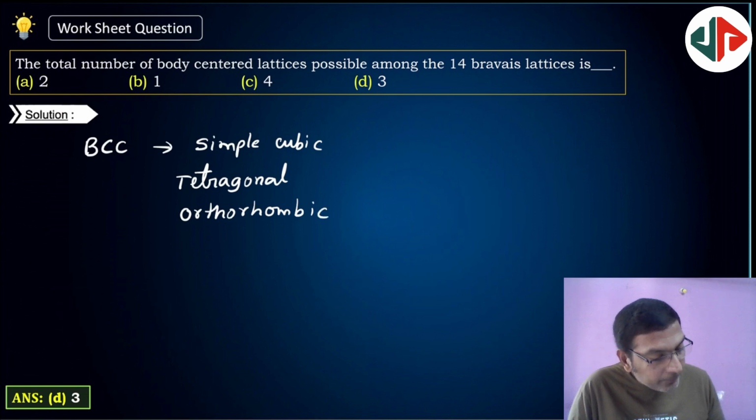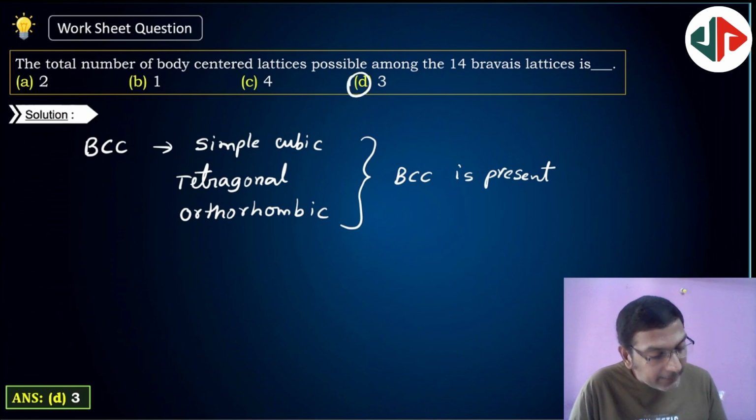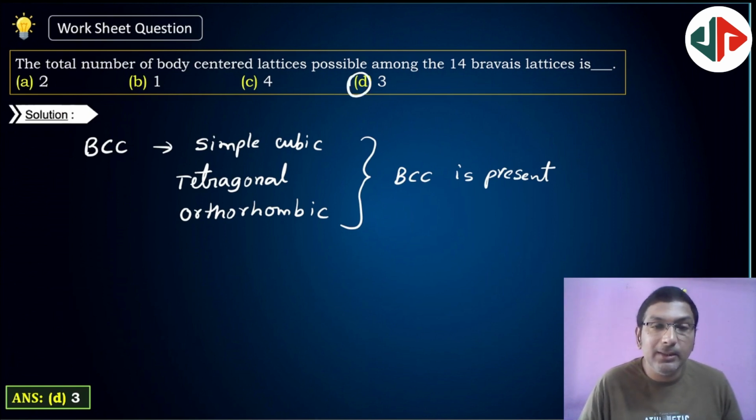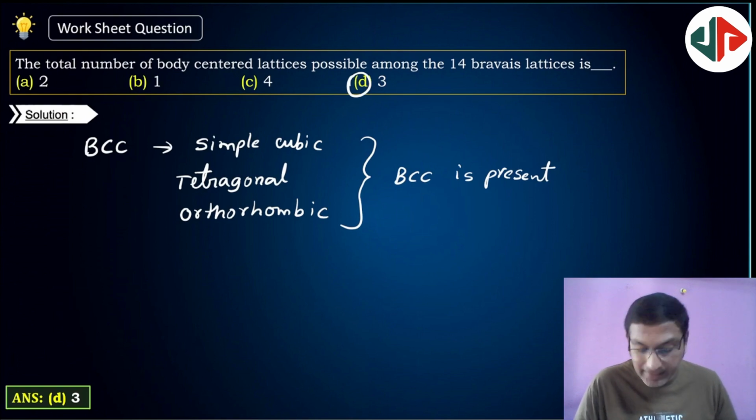So in these three systems, BCC is present. Therefore, option 3. Simple cubic, tetragonal and orthorhombic structures, BCC is present. Next.